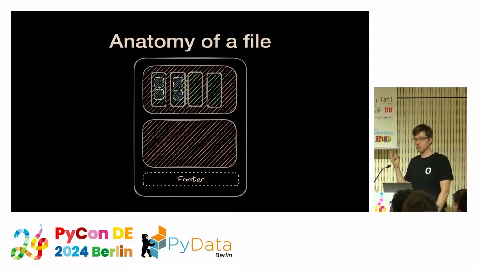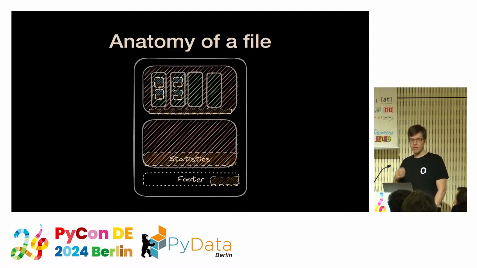In these pages, you have to read all the data that's in such a page to actually load the data. But you don't need to read the whole file because we have this thing called predicate pushdown. And that works because we have basic statistics like minimum, maximum, and maybe unit count. And if you really want to go fancy, then you need to really set this up.